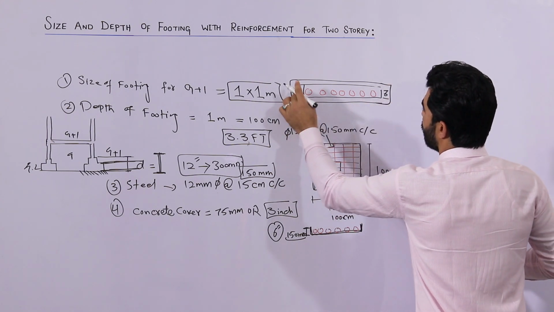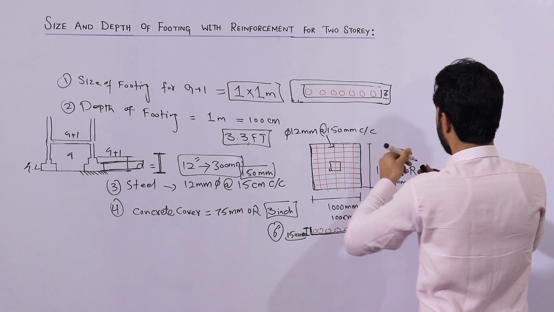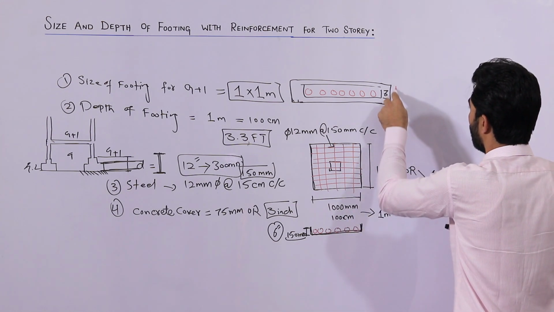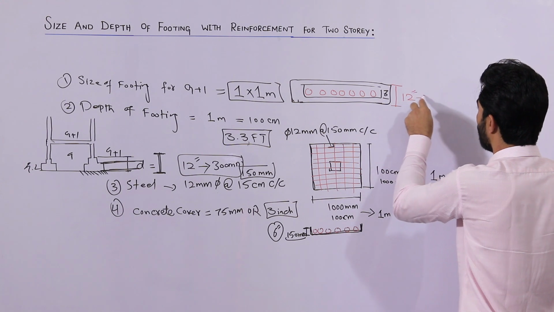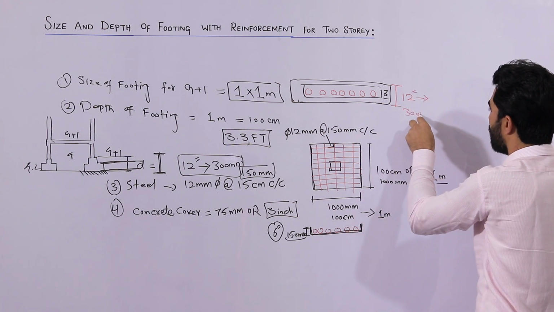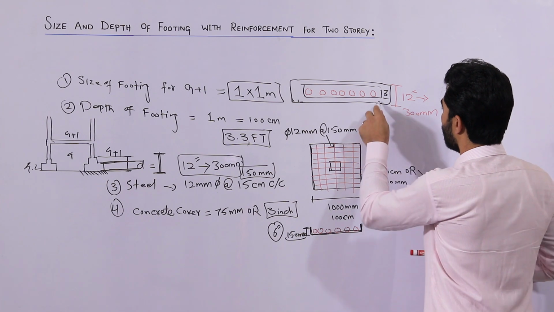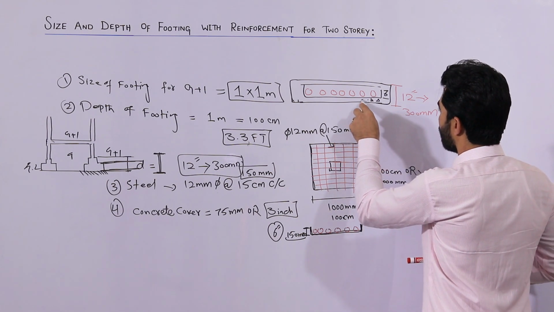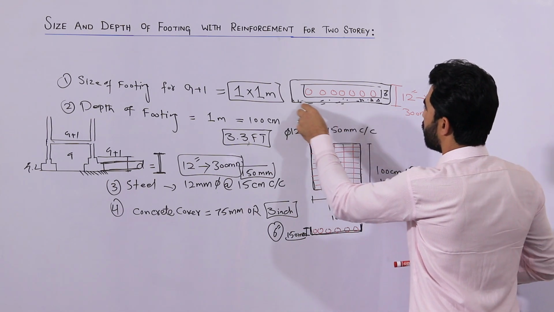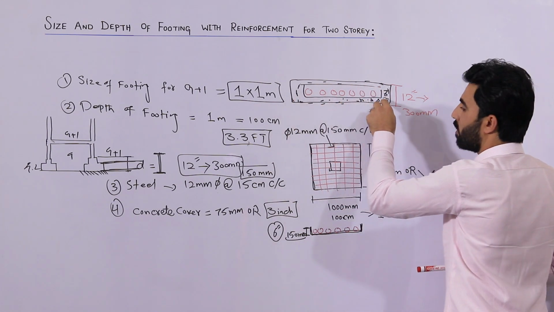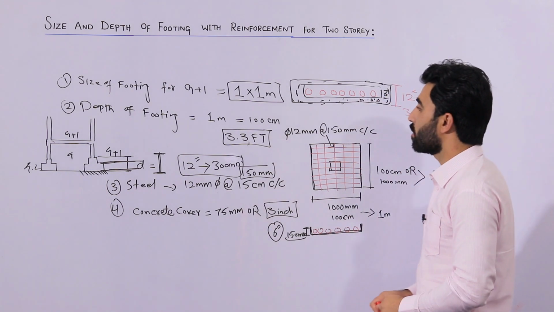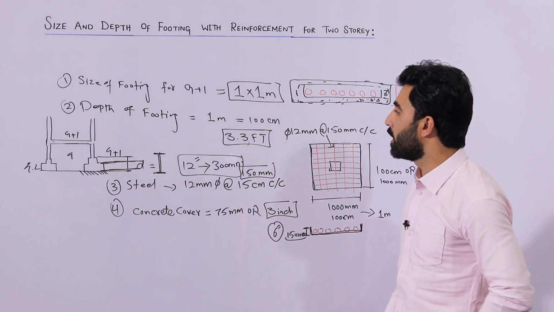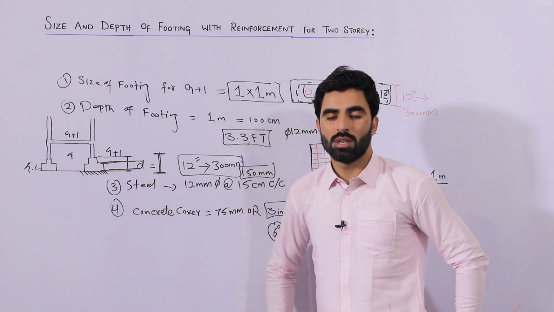You can see this one bed should not be less than 12 inches or you can say 300 mm. This concrete cover is also on four sides. As I told you, concrete cover should not be less than 3 inches. So guys, these are steel reinforcement and size and depth of footing for G plus 1 story.